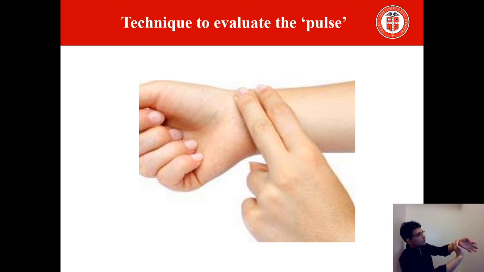So first try to locate the artery, stabilize it, and then use the pulp of the middle finger, the distal phalanx of the middle finger, to palpate the pulse. So this is the right technique, and we can learn more about it in the lab.